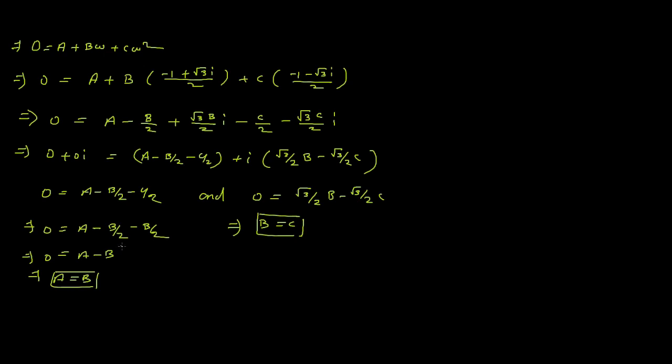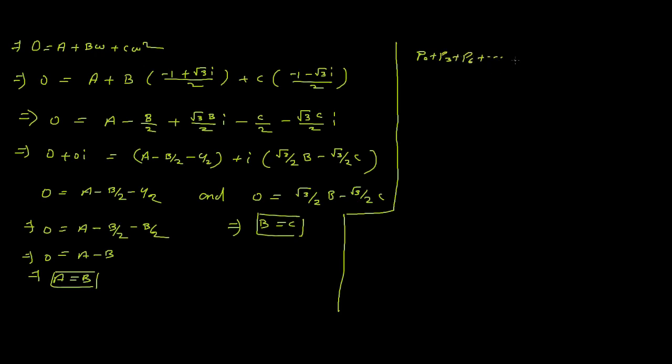Okay. That means, if you remember in the previous page, we have just assumed the A, B, C values. So our A was p0 plus p3 plus p6.